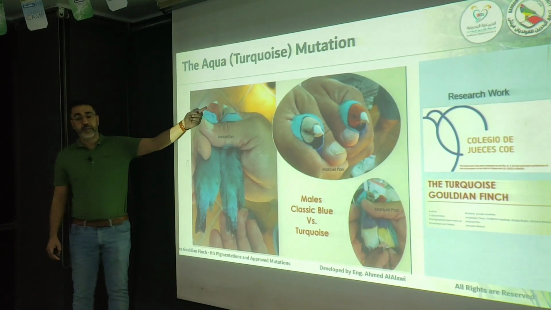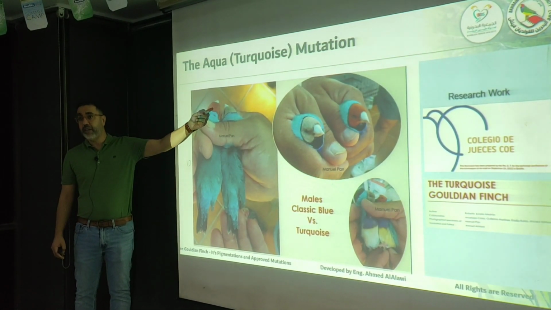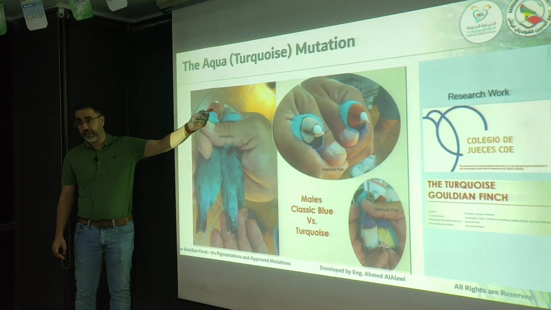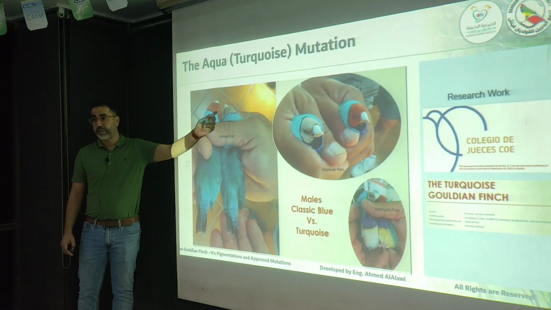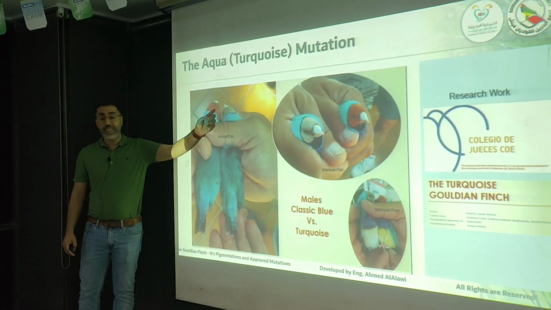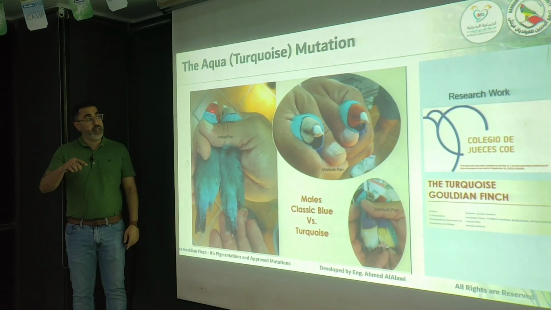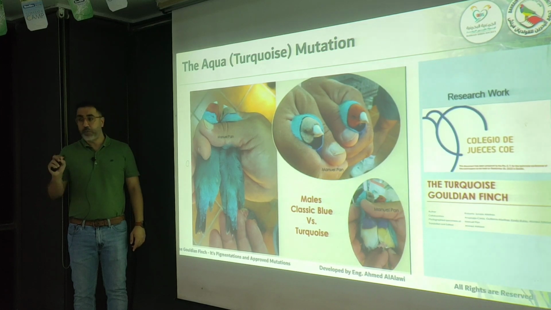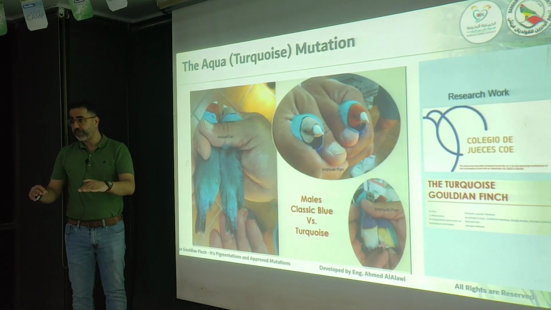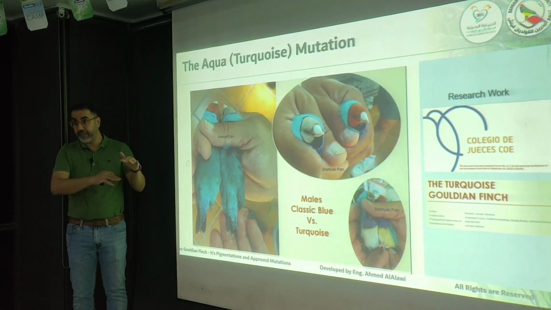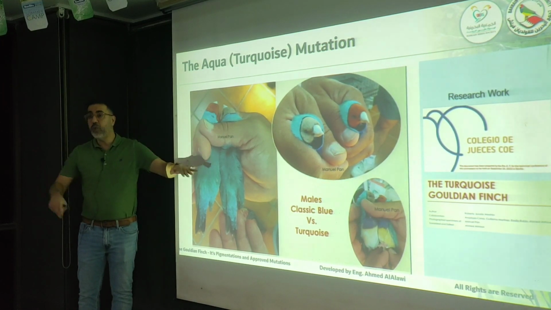Only the head, big difference. The secret is all here. And why does this happen? Because in this area, the normal blue suppresses the lipochrome, canthaxanthin. The normal blue kills it.